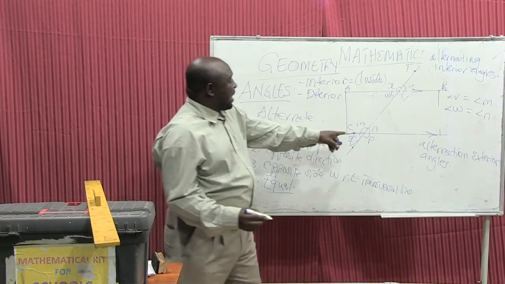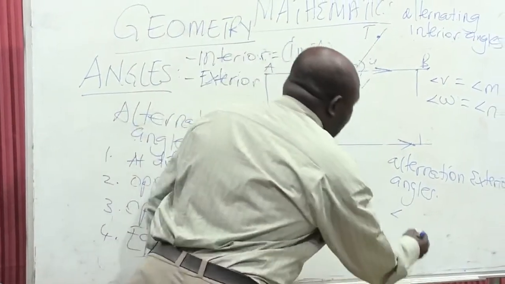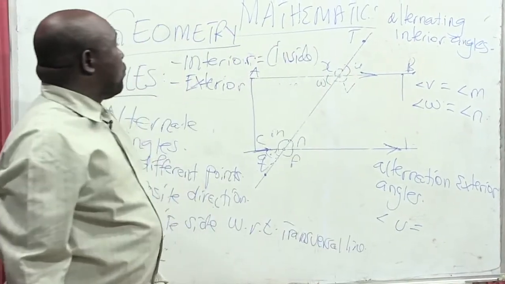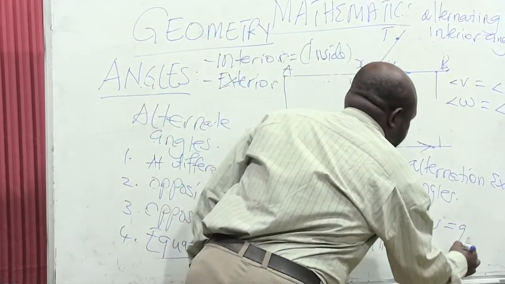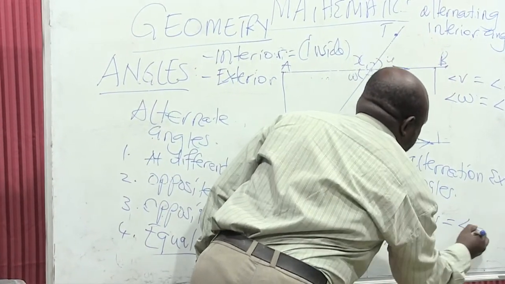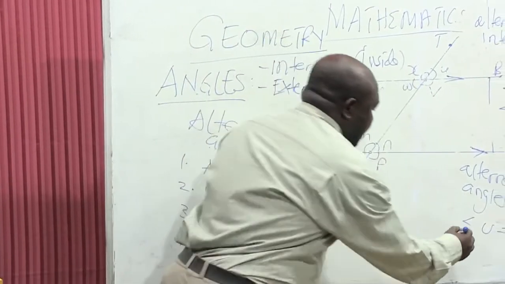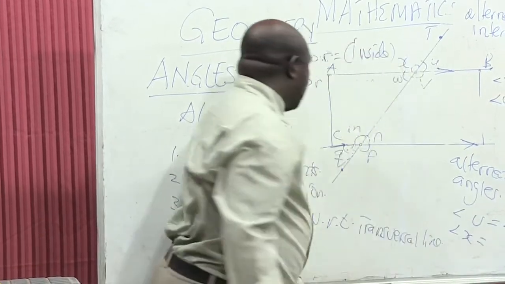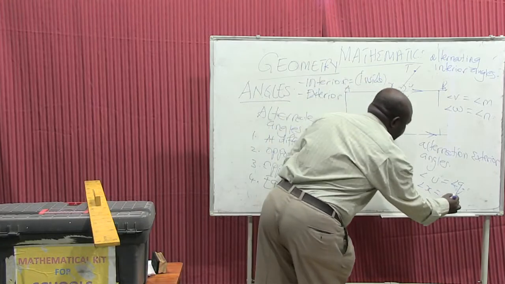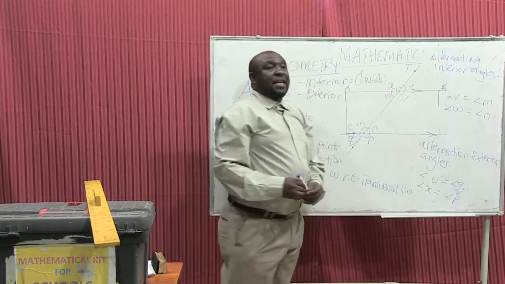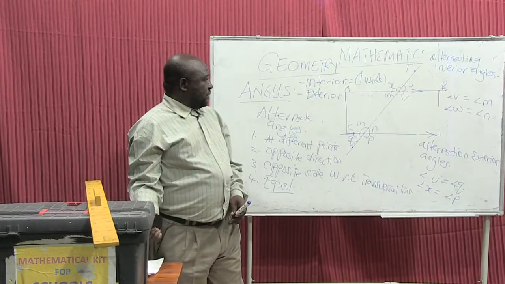And alternating exterior angles here are angle U equals Q, and angle X equals angle P. The reason: they are alternating exterior angles.